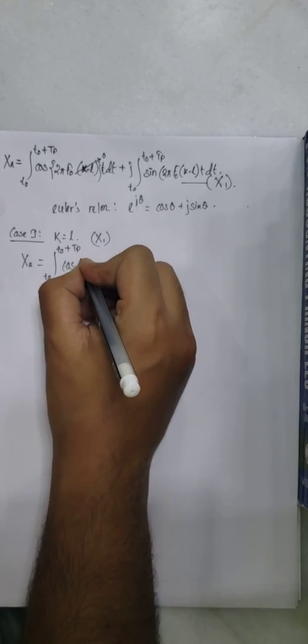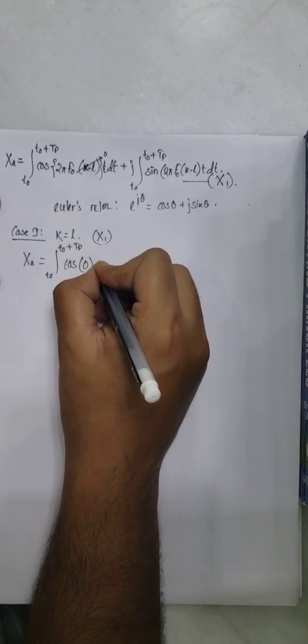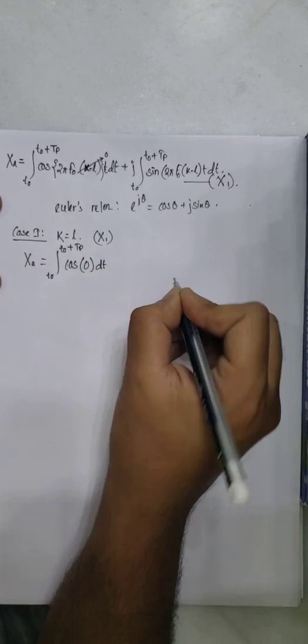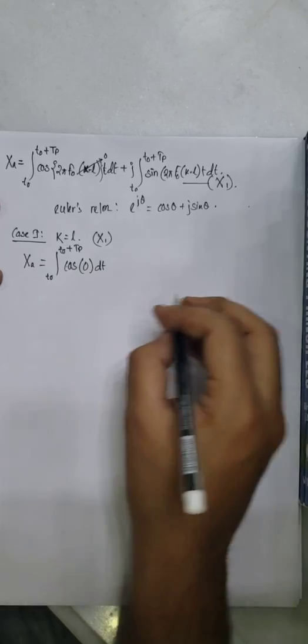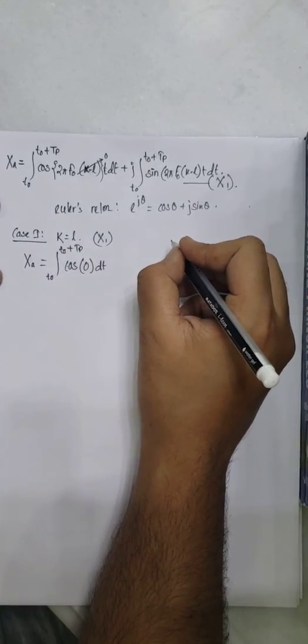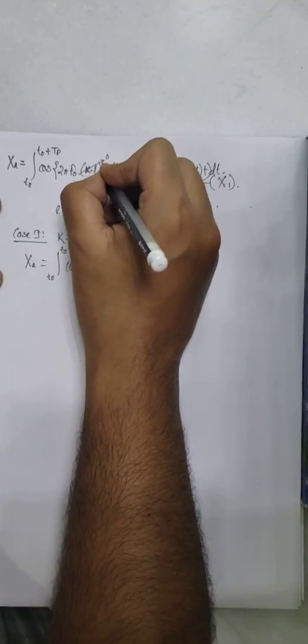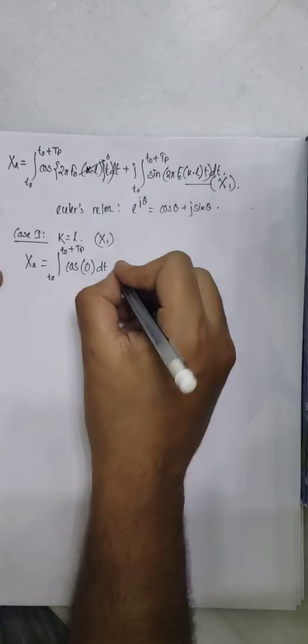So cos of 0 dt. I hope that is understandable. And I'm sorry, the bracket will be here.